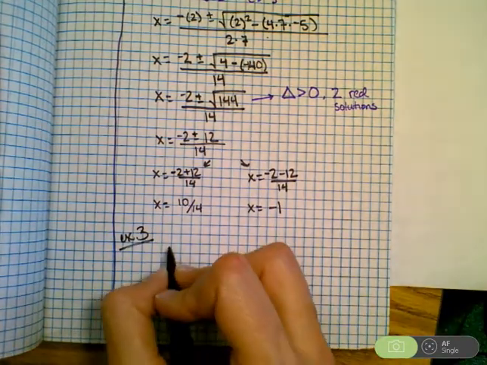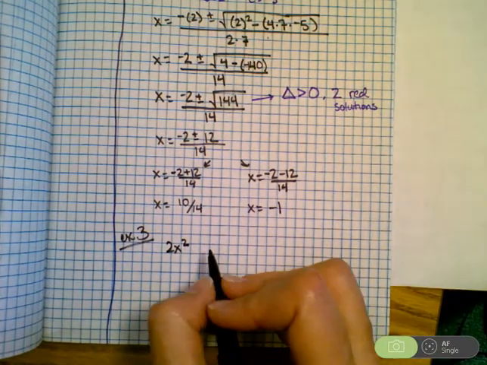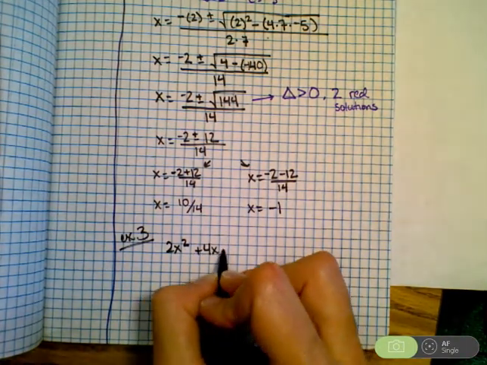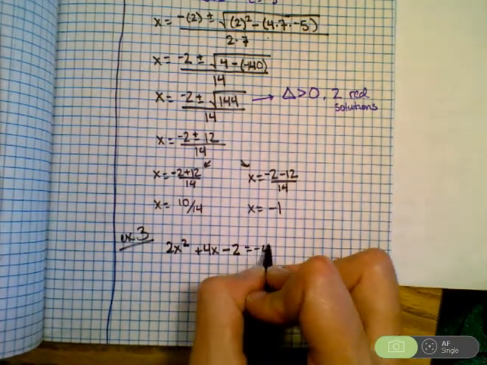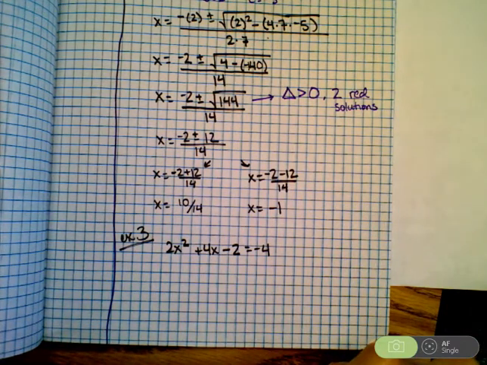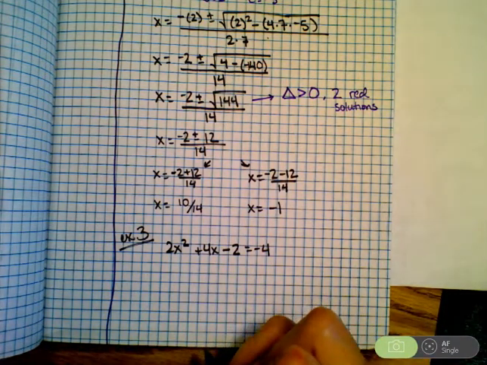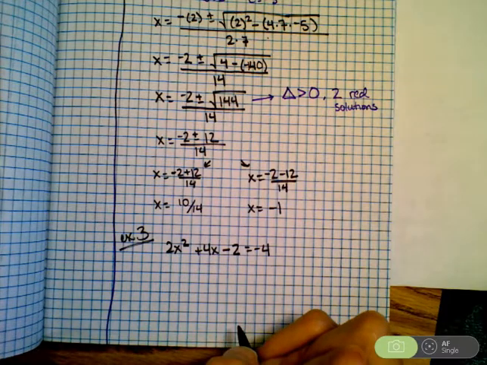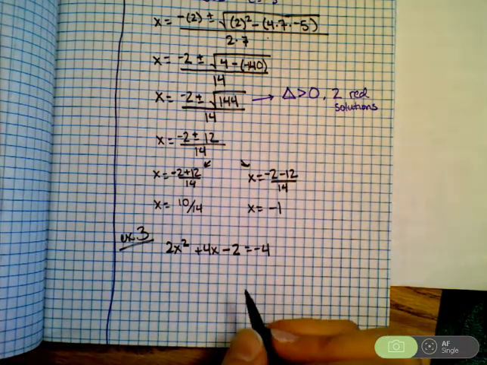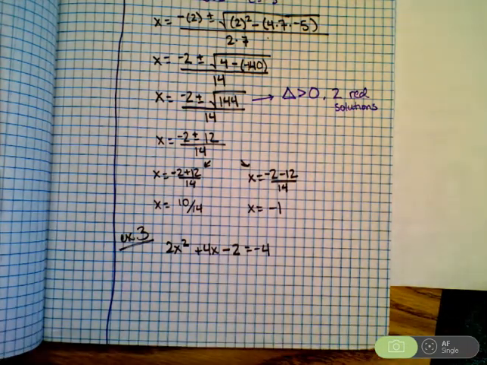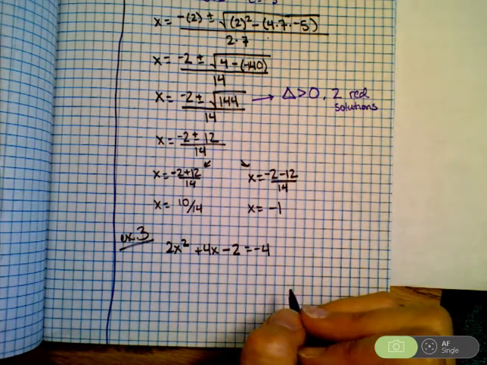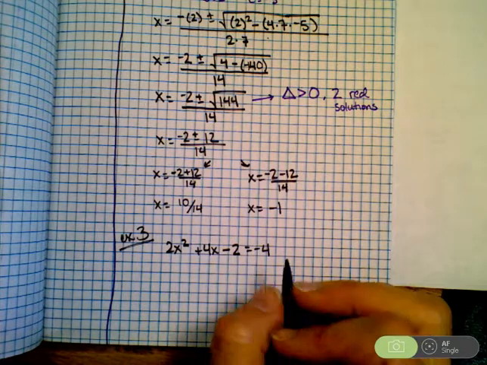So example 3 is 2x squared plus 4x minus 2 equals -4. So stop the video now, and then you can come back and find the solution in a few minutes. I'm going to work through it. I'm not going to talk. That also will give you a chance just to see as you go through it if you did the same steps in the same order. Starting it now. So if you haven't done it yet, stop and do it.